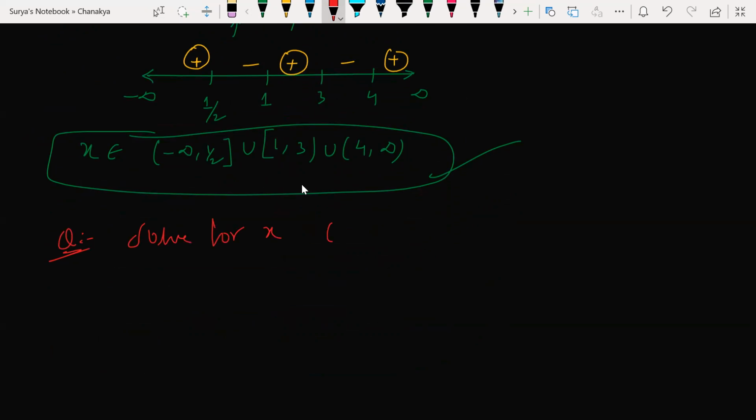Solve for x. (1 minus x)(x minus 2) divided by (x minus 3) is greater than 0. So solve for x. How can I solve this?